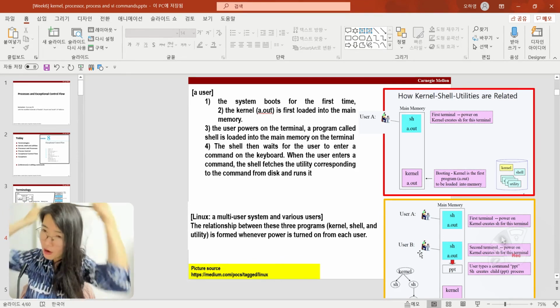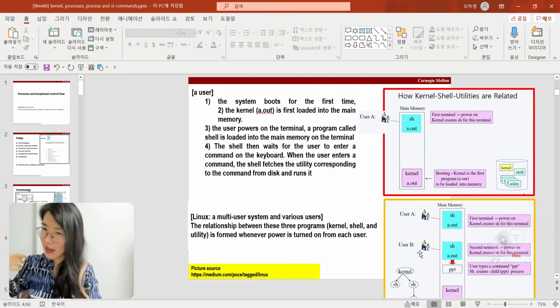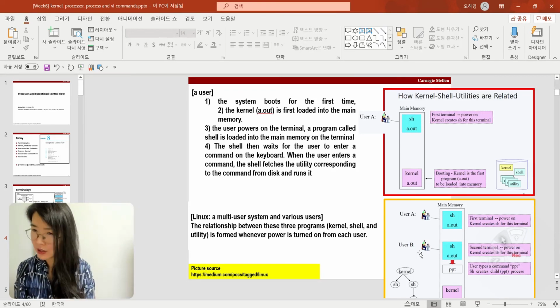So how can we connect to Linux very efficiently? These sentences are related with the single user, and these sentences and paragraphs are related with the multi-user system. Two or more users can be connected to the same Linux simultaneously and efficiently.